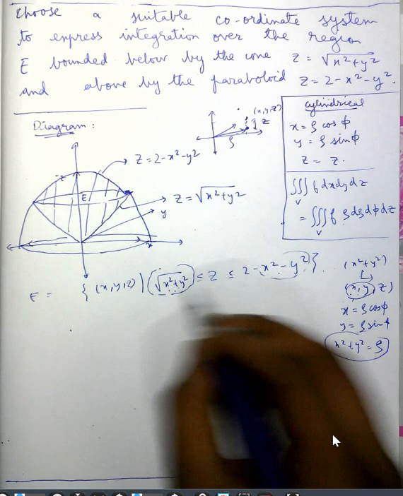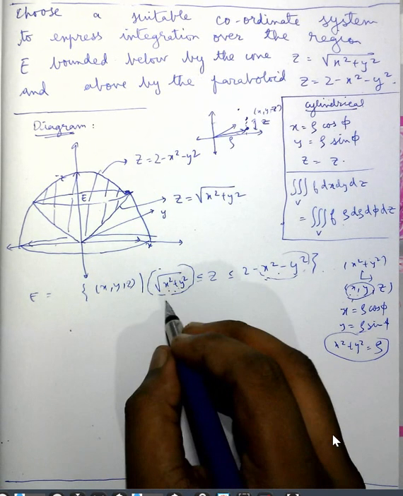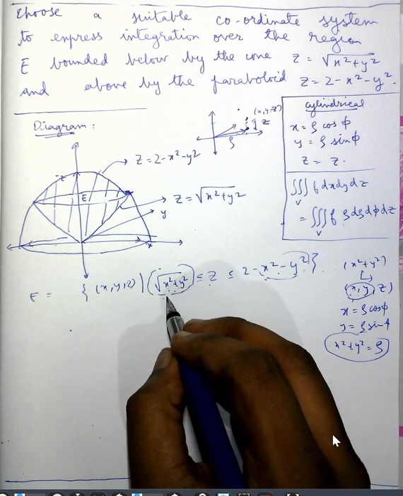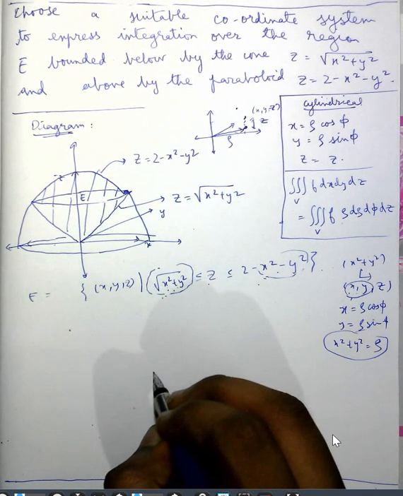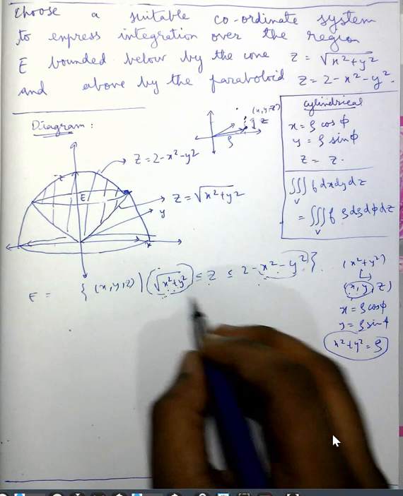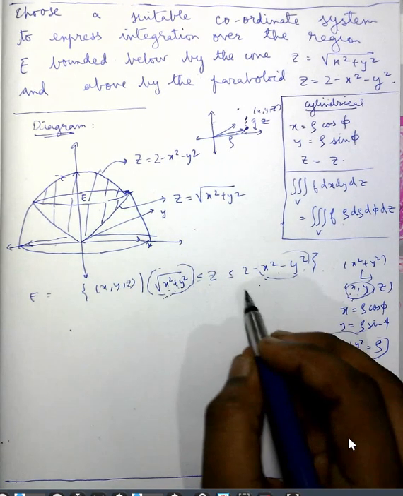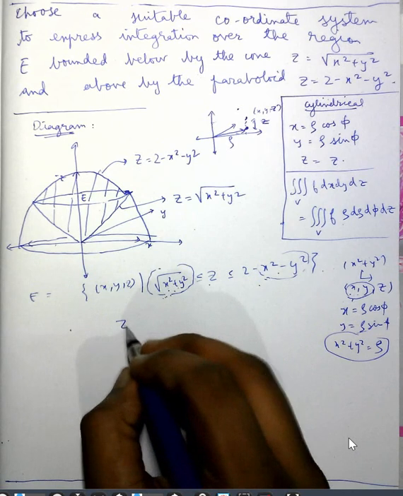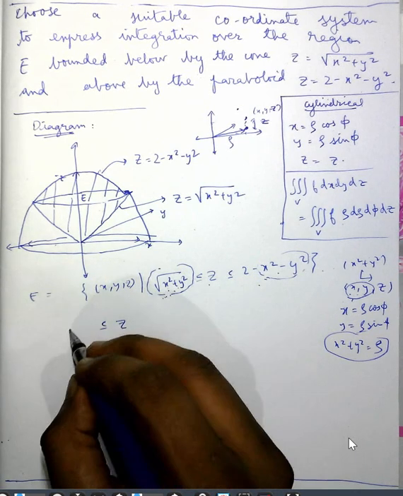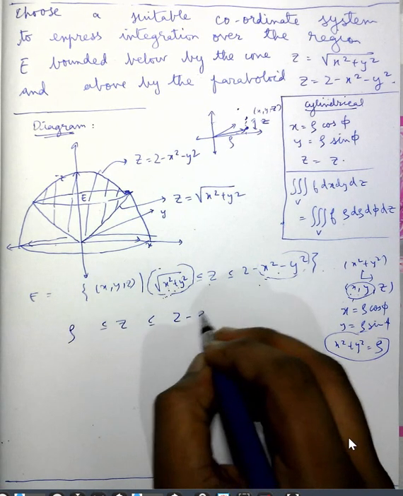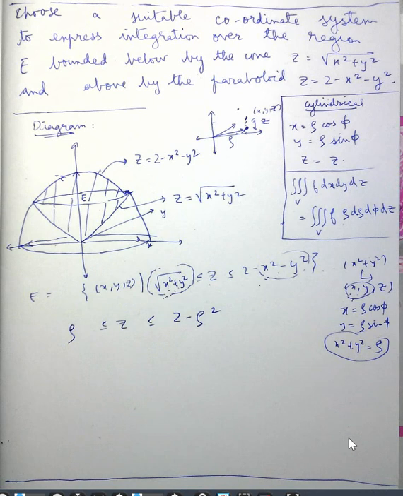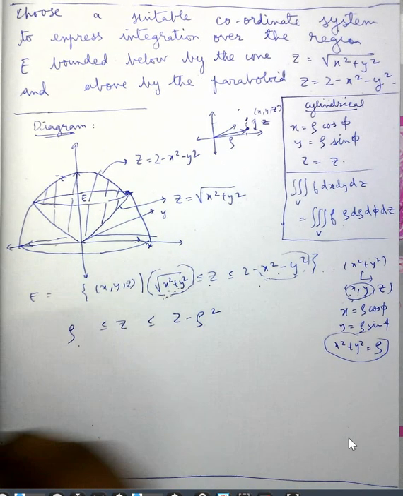From this equation it is clear that z has to lie between root x square plus y square and 2 minus x square minus y square. If you substitute x equal to rho cos phi and y equal to rho sin phi in this equation, then you will obtain that z has to lie between rho and 2 minus rho square.